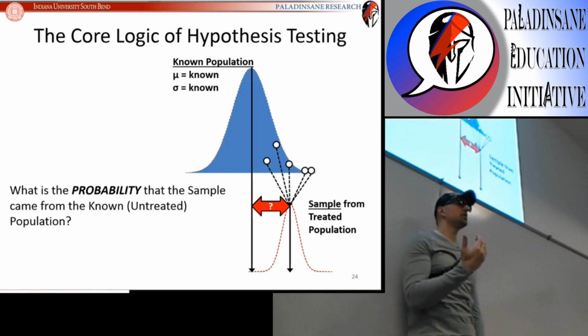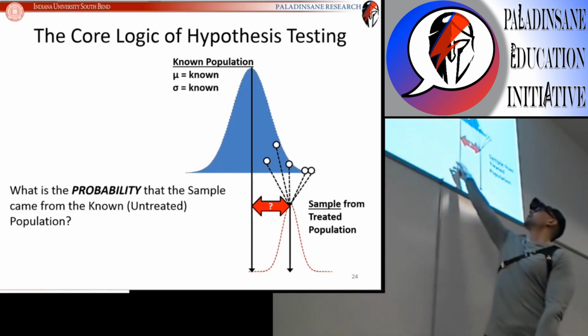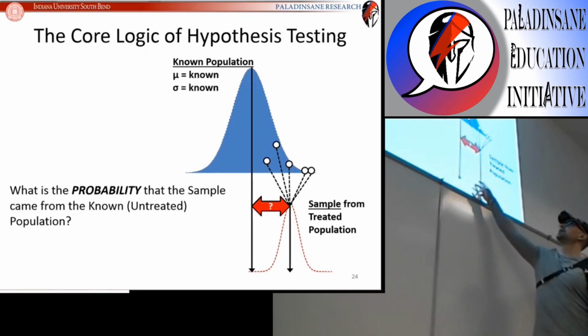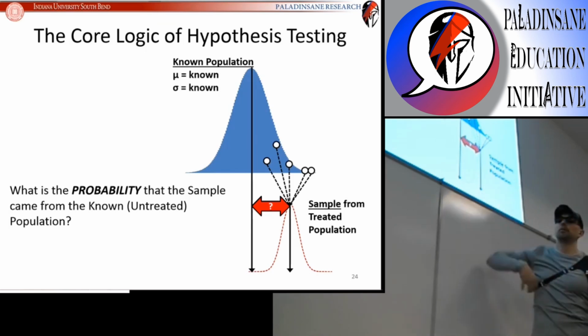It's always possible that your treatment did nothing, but you still have a big difference between your population mean and your sample mean just because you chose unique people from your sample, weird and wonderful people from your population, right? You chose extreme people randomly, there's a chance, from your population.